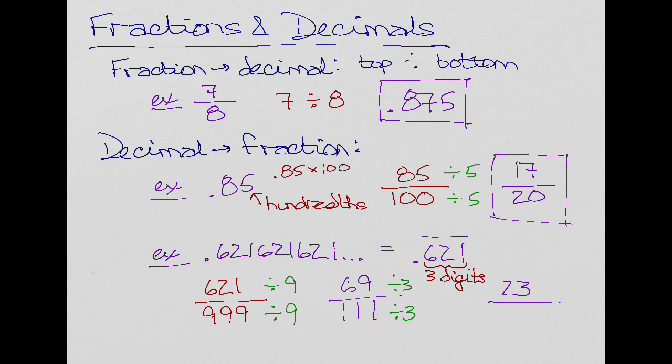I don't have a calculator next to me. I have to actually think about this. Let's see. 3 goes into 11 3 times. 3 goes into 21 7 times. There we go. 23 over 37. And 23 and 37 are both prime. Nothing divides into both of those, so we'll stop there. And we've just turned that repeating decimal into a fraction.